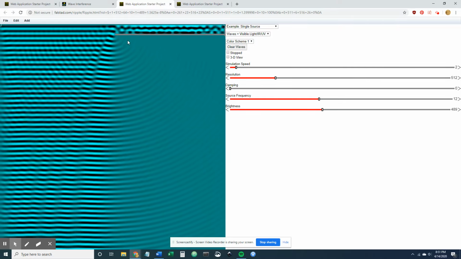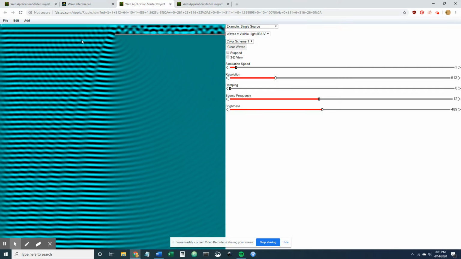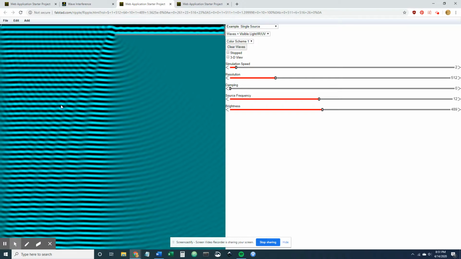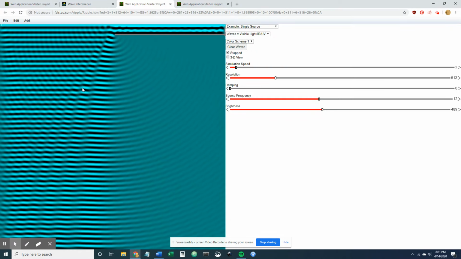Now, the diffraction around the obstacle ends up interfering with the planar wave on the other side of the obstacle, albeit slightly. So we don't see too much of an interference pattern on this side. However, one still exists. This is more of a unique case.